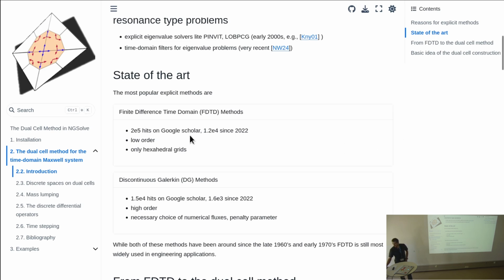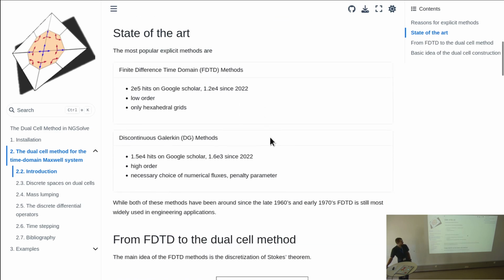And if you hit Google Scholar, you get many hits on publications on this, and also very many recent publications. And then probably the contender are DG methods, which have been around for approximately the same time, and are also wildly popular, but not as popular as FDTD.